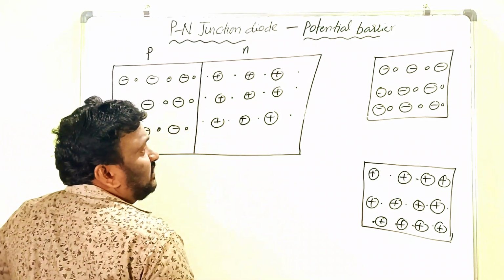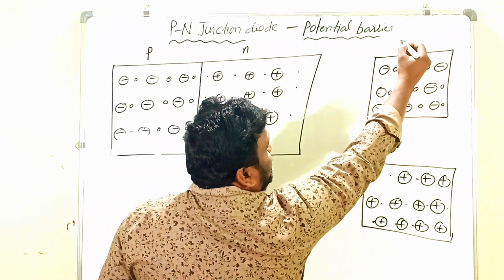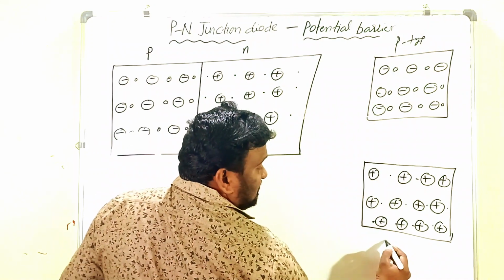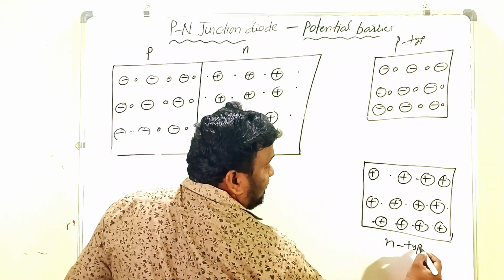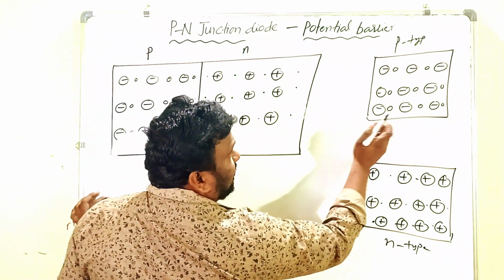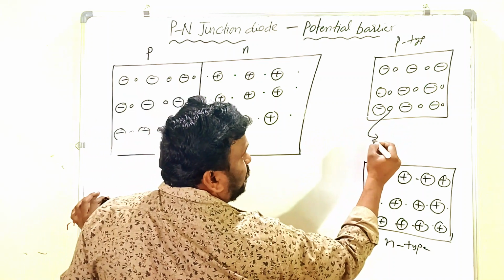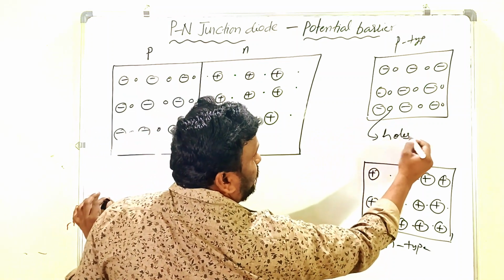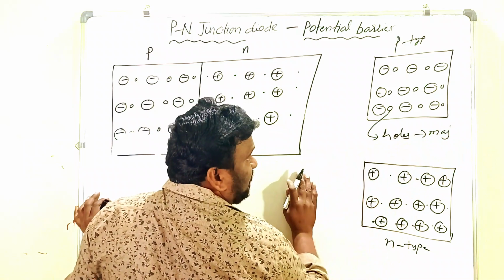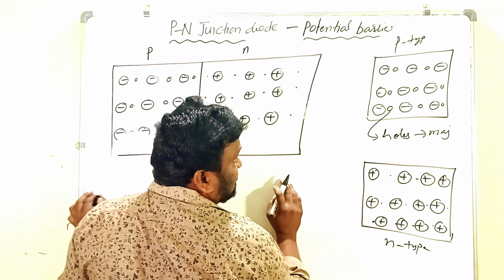Here the p-type semiconductor is shown like this, and this is the n-type semiconductor. The p-type semiconductor has holes as the majority charge carriers and electrons as the minority charge carriers.